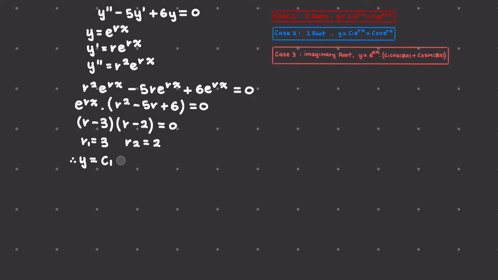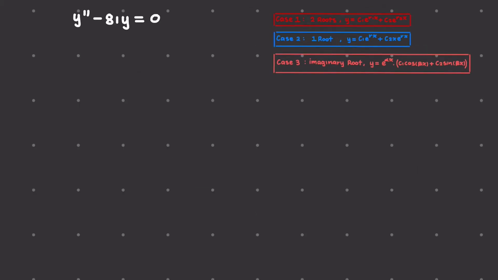So C1 multiplied by e to the r1, which is our r1 here is 3x, plus c2 e to the r2, which is 2 for ours here, times x. And so this is our final solution for example number 1, solving this second order linear ODE by definitions.